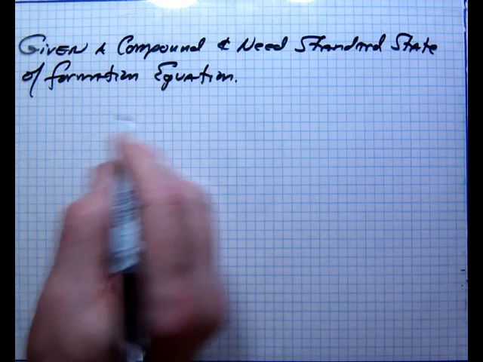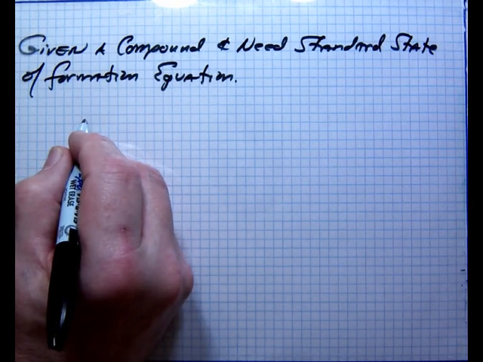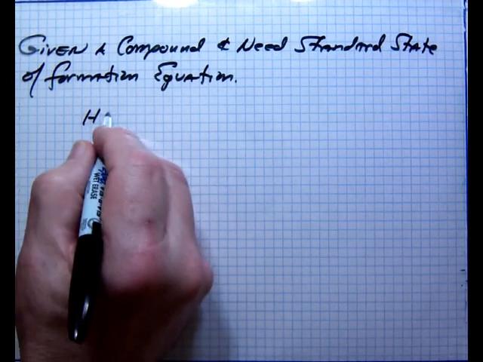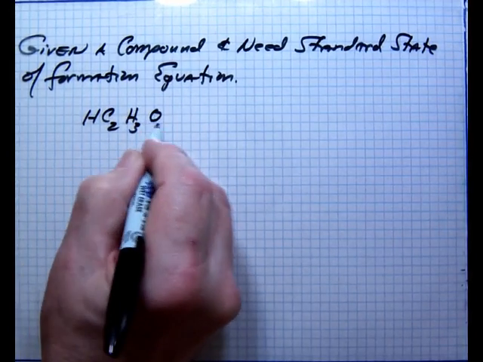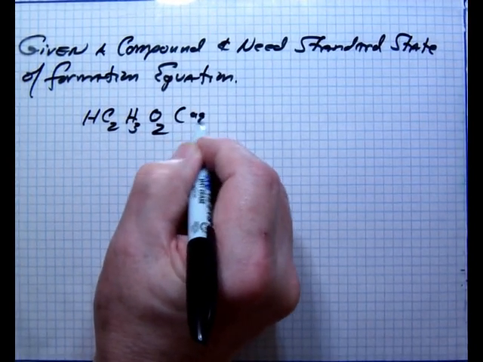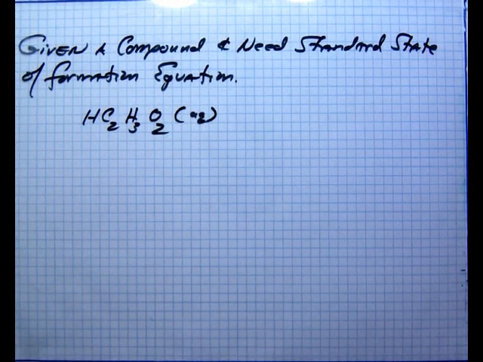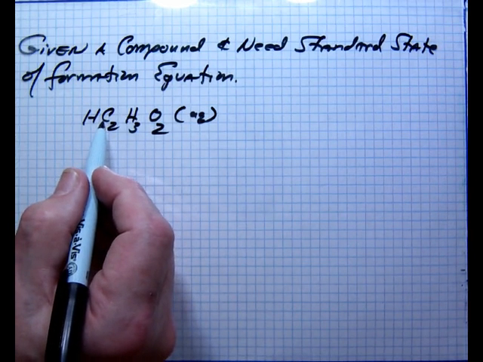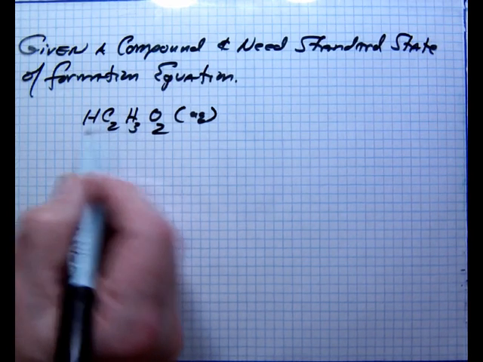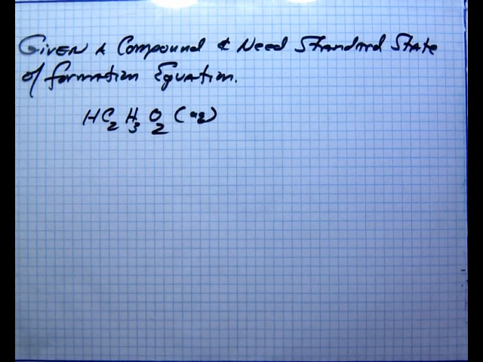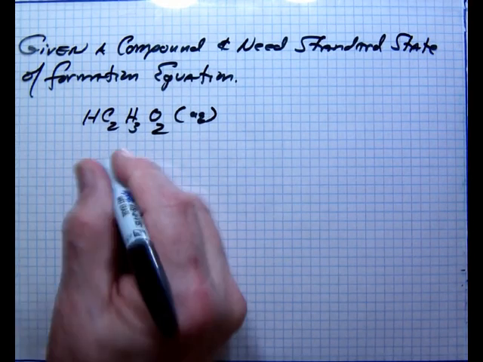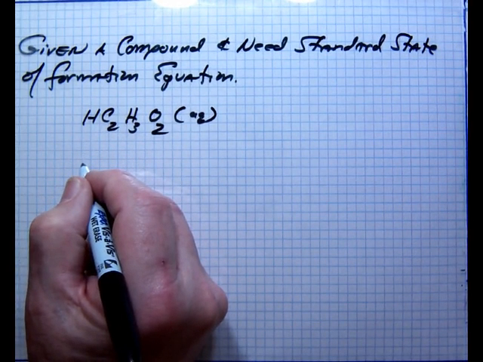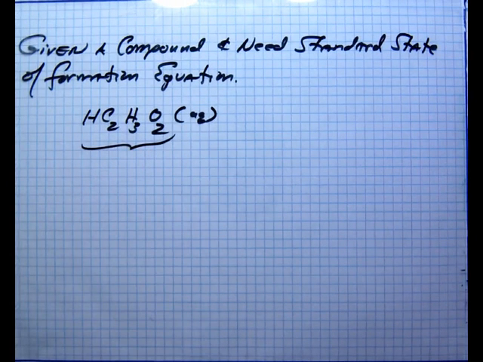If I give you HC2H3O2 aqueous, it's a compound, molecular formula. Compounds that are listed in that table are listed as standard state. A standard state compound like this is written, comes from, or the, I'm having a hard time saying this. Compounds are formed from basic elements in standard state. That's what I want to say.